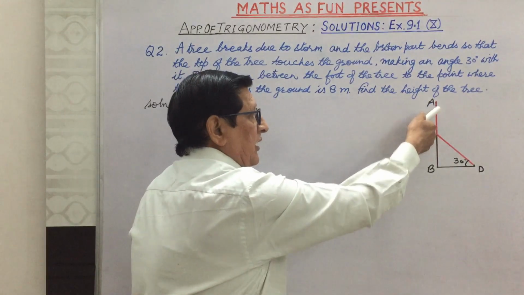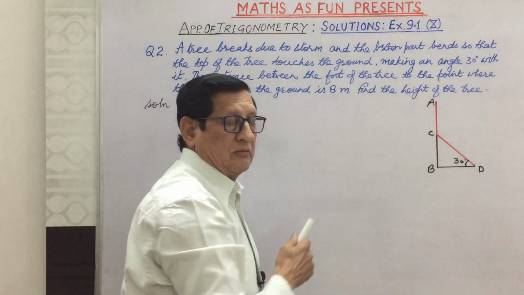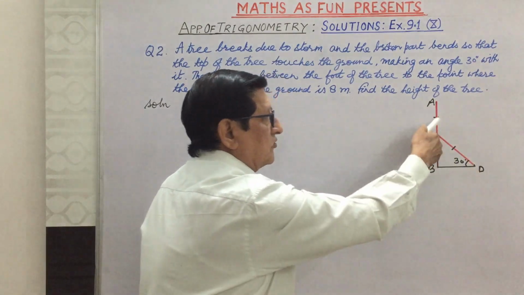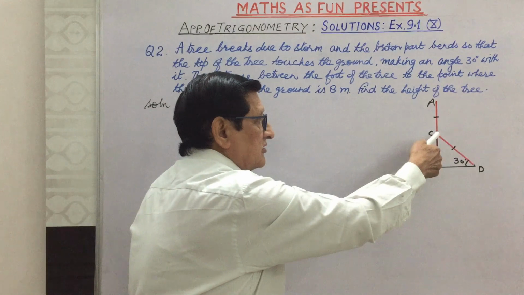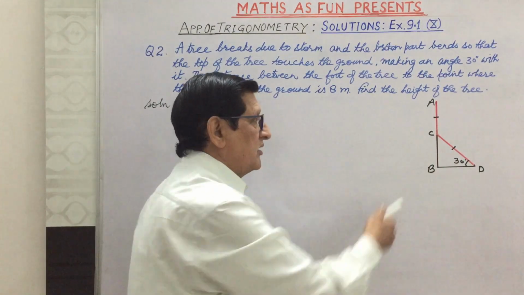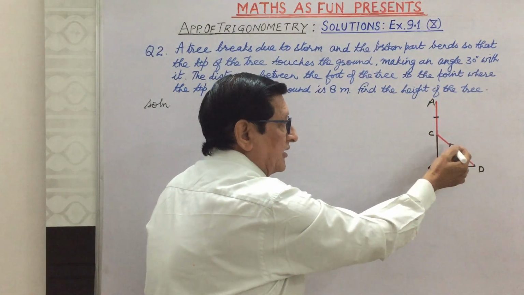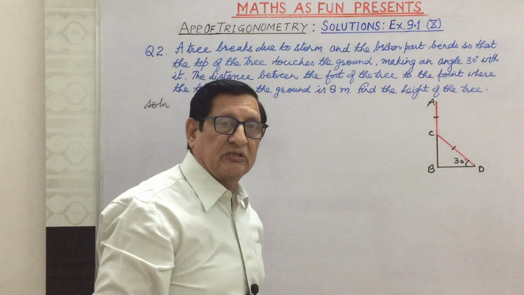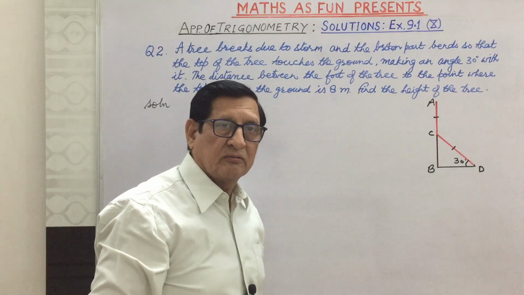It means the total height AB we have to find. Now we can say that this AC and CD are to be equal. Why? Because this is the only part which is breaking and bending here. So we'll make use of the triangle and find this CD and BC both, and then we will add them to find the total height of the tree.